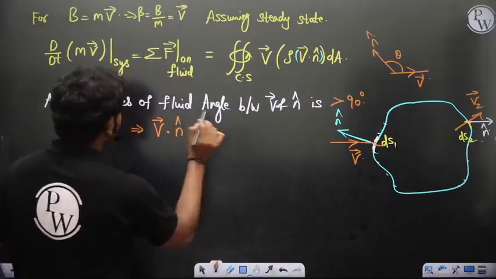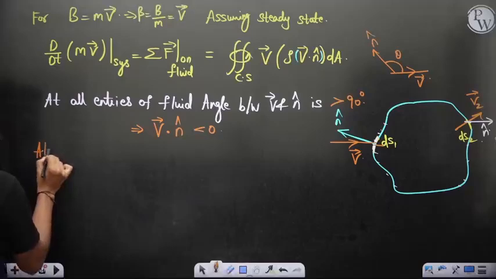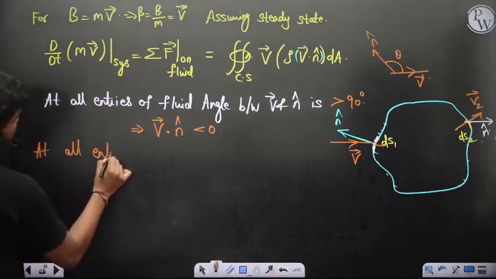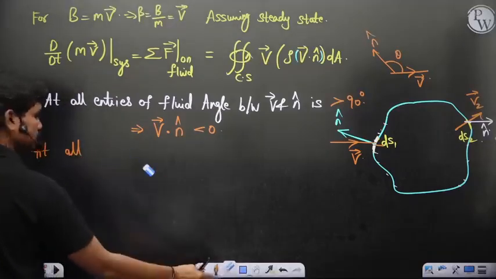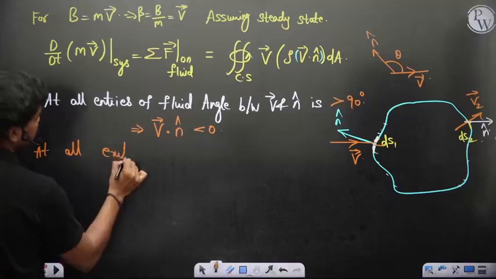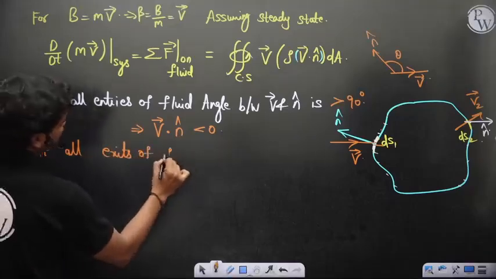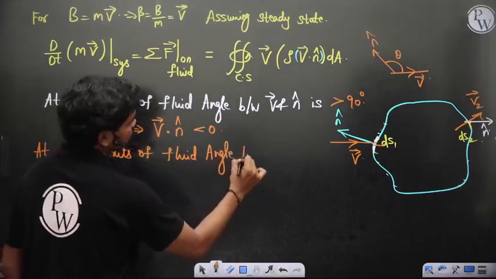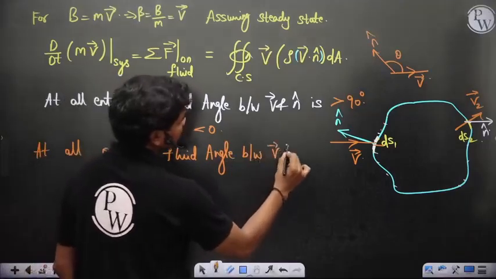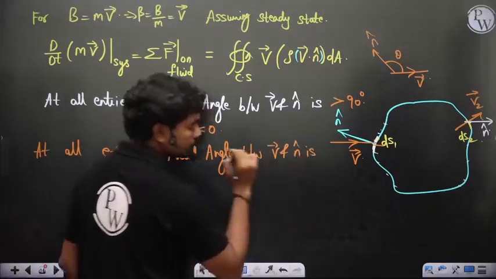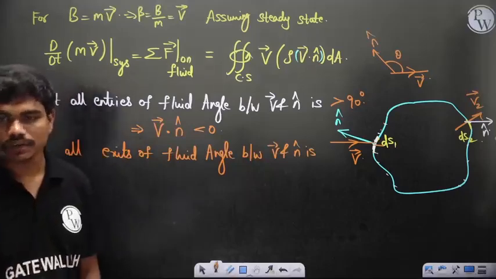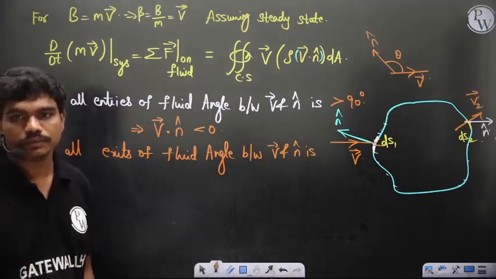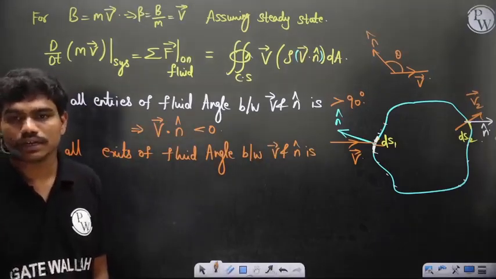बढ़िया. Similarly, at all entries or at all exits, sorry, at all exits of fluid, angle between V and N is, ये greater than 90 होगा या less than 90 होगा? बताओ जल्दी. Greater than 90 होगा या less than 90 होगा?